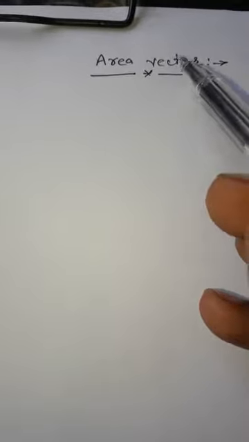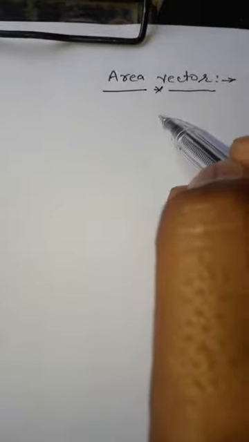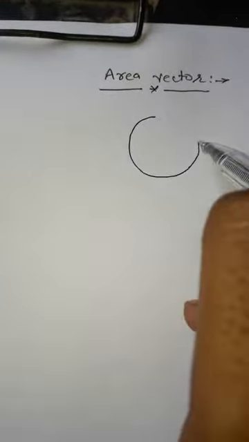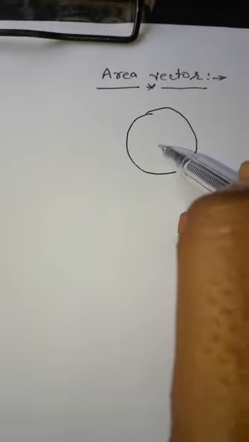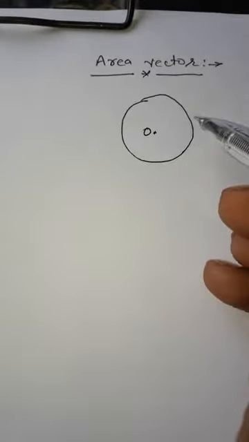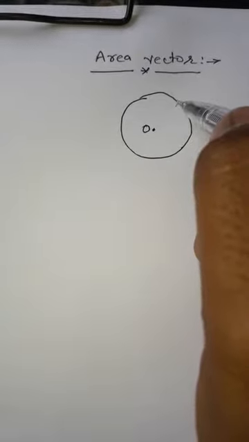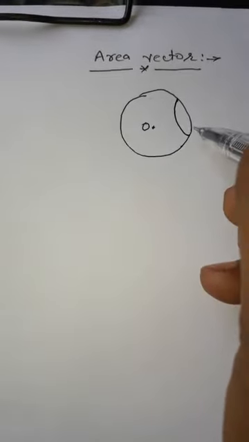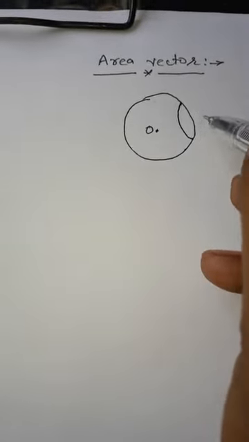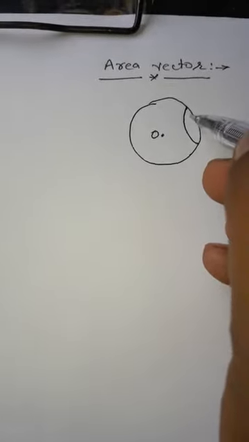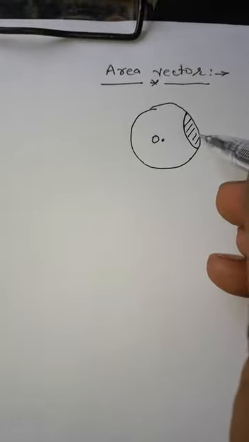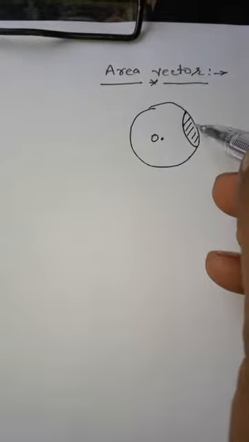an area vector. For example, if we have, say, a spherical surface with center, say, O, then let us consider a small portion of the surface of this sphere. Then what is the direction of this surface?